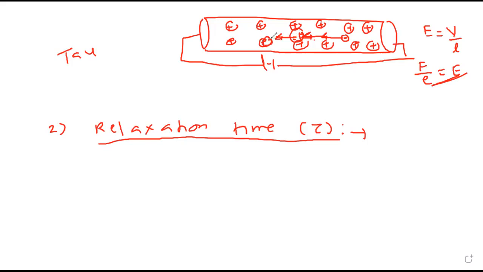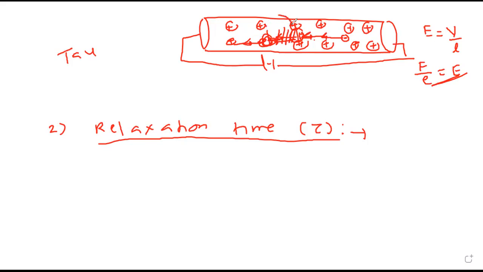Again some positive ion will be in the path, it will collide. Again it will either change the direction of motion or travel in the same direction, but again collide. So before it is colliding, it is relaxed, that means no tension at all, until some ion obstructs the path.